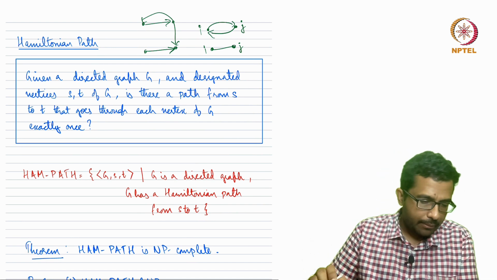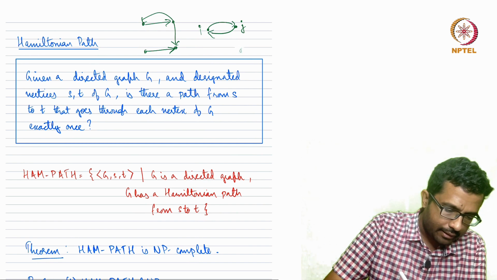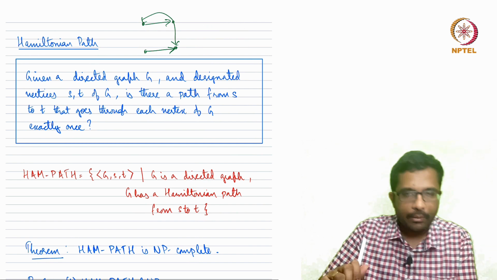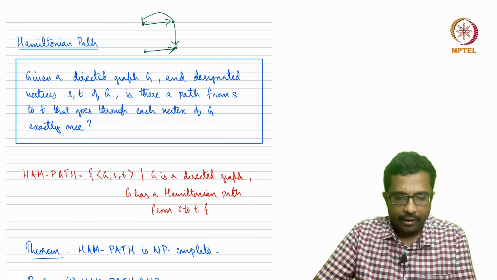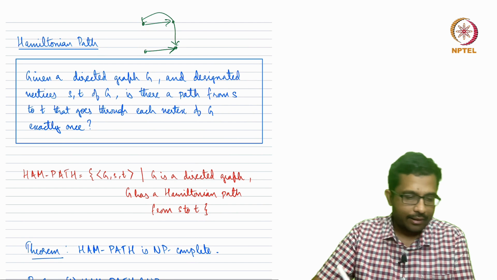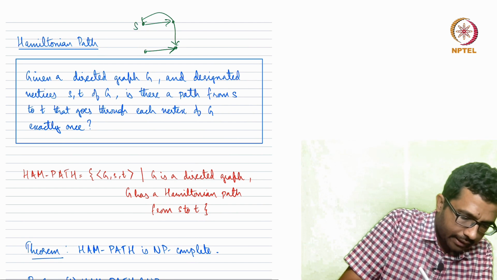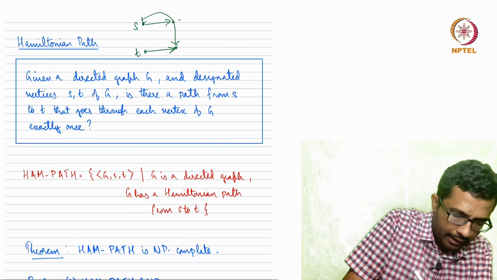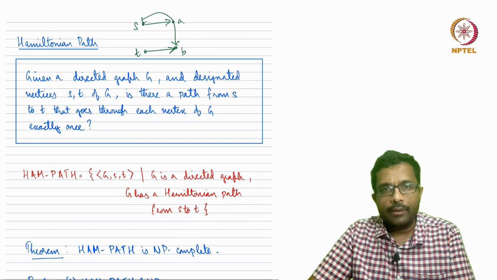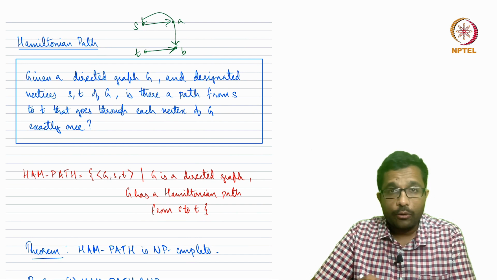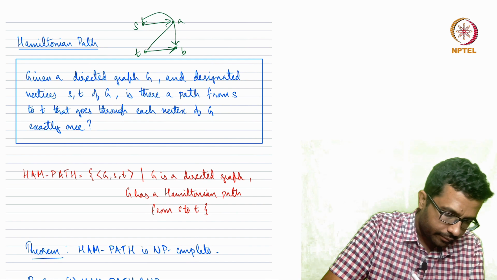What is a Hamiltonian path? The Hamiltonian path is a path. In the variant that we are going to see in this lecture, there are two designated vertices S and T. Let's say this is S, this is T, this is some A, this is B. The question is, is there a path from S to T that goes through all the vertices in the graph?